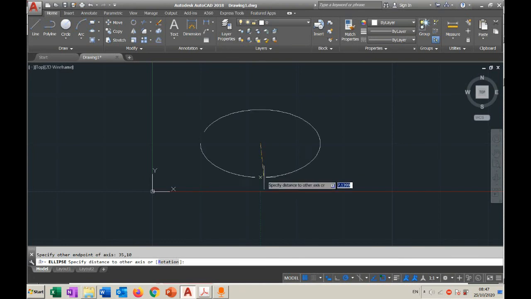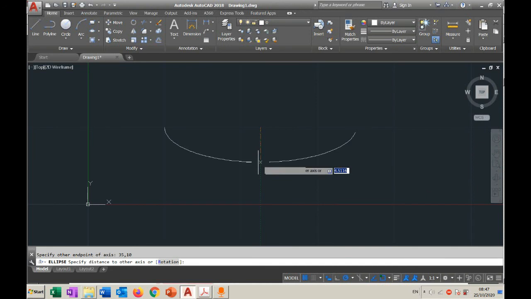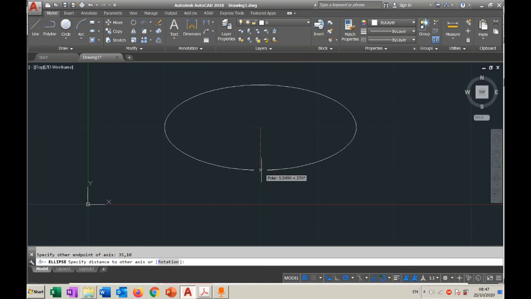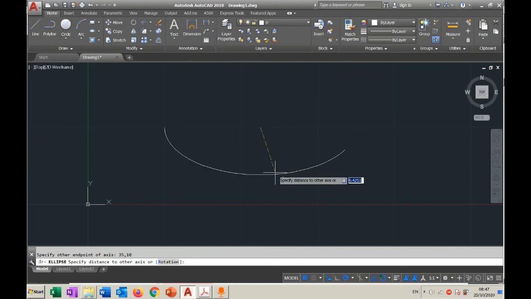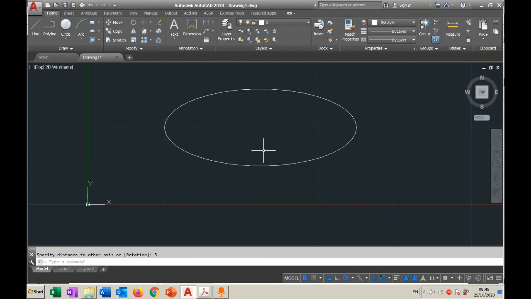Then when it asks me to specify the distance to the other axis, since we're providing a distance, make sure the direction is vertical. The distance I'm providing will be in a vertical direction, so I'll make sure the direction of the mouse is in the vertical state. Then I will type 5 and hit enter. I will end up with the same thing.